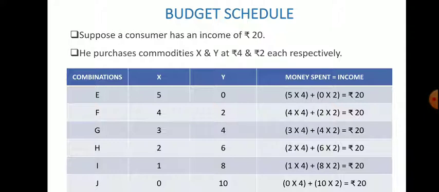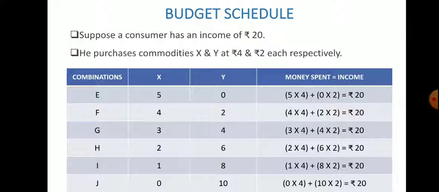And then the money spent equals income, meaning if you see the values at the end, they all give you 20 rupees. Whatever combination of x and y that person purchases, the person has to spend the entire income.